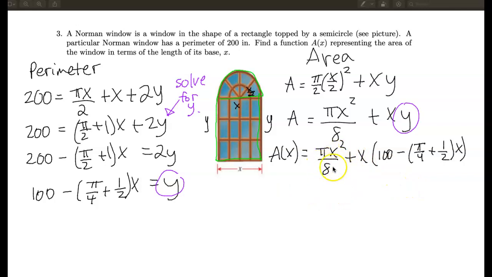And let's go ahead and clean this up. And so we'll end up with pi x squared over 8 plus 100x minus (pi over 4 plus 1/2) times x squared.